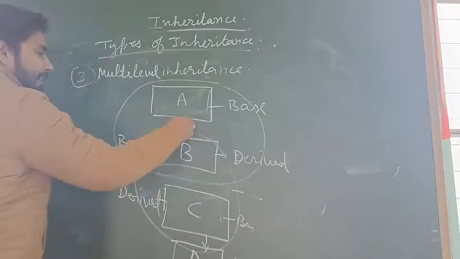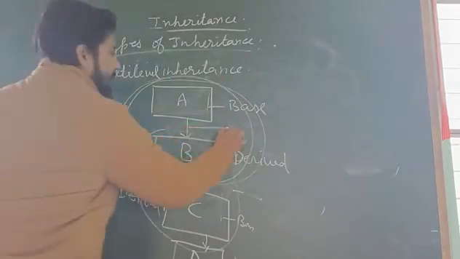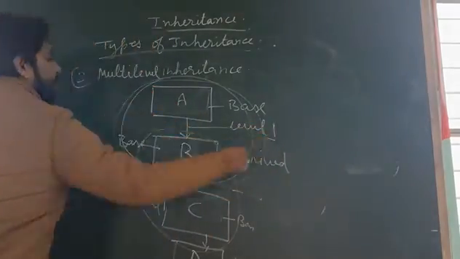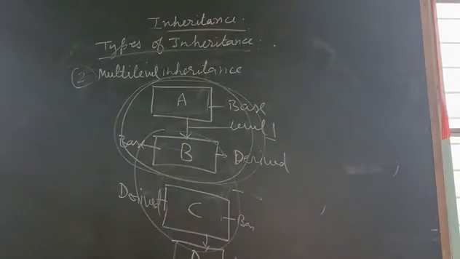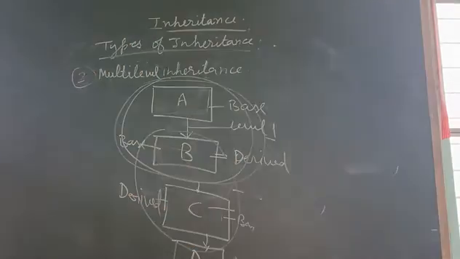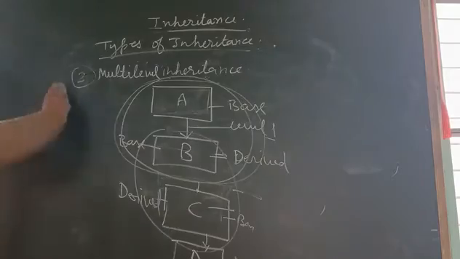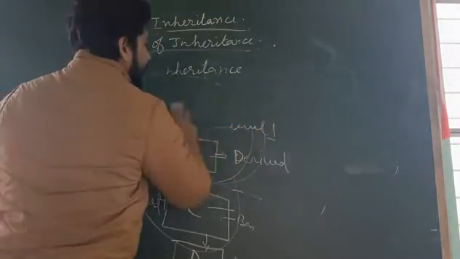So level-wise they are defined differently. Suppose this is level number 1: the base class is A and the derived class is B. At level number 2, the base class and the derived class change. In this way, this is called multi-level inheritance. Next is multiple inheritance.